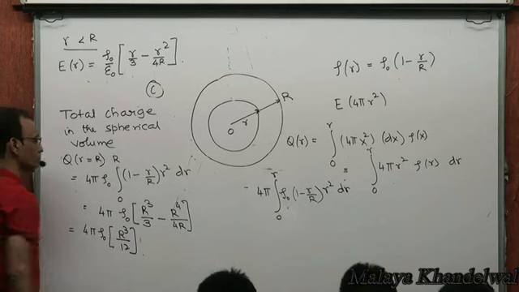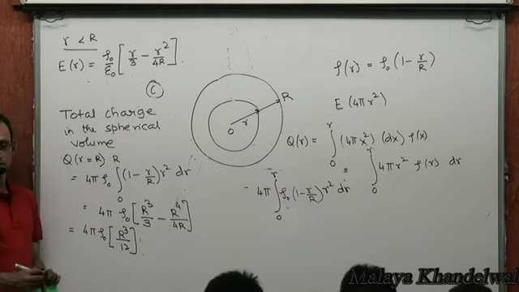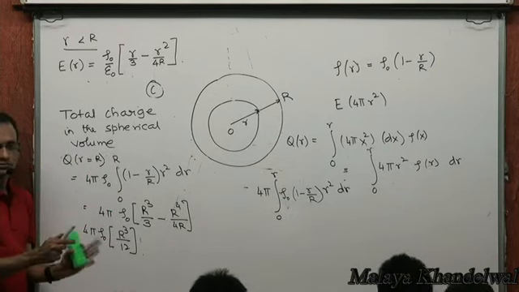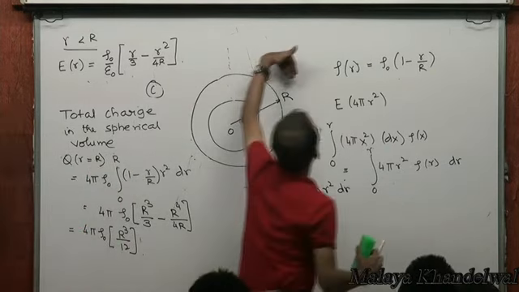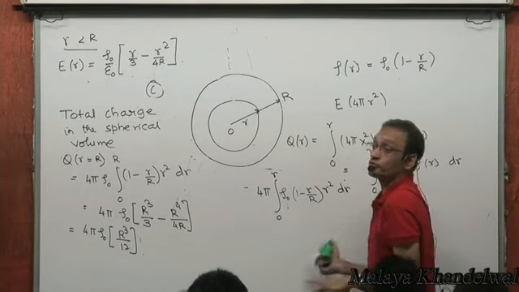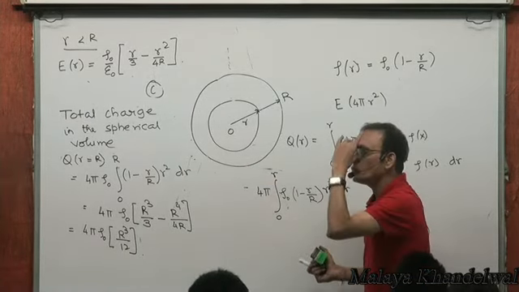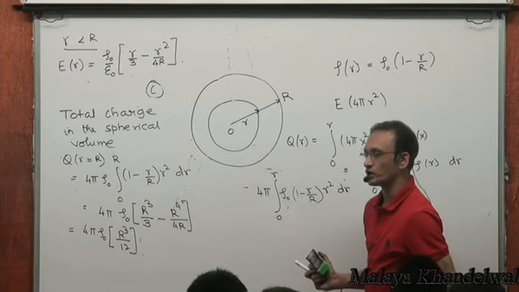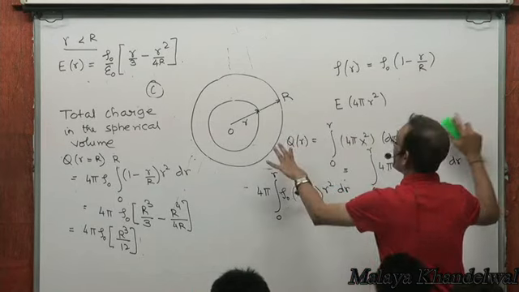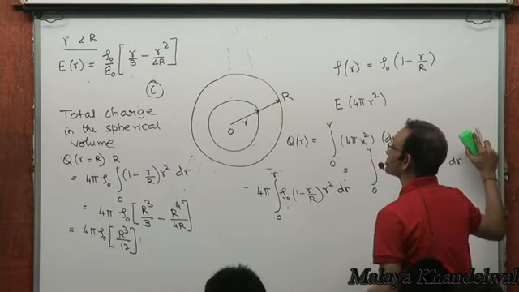Yes or no? I hope you realize this. R cube by 12. That's the total charge enclosed, right? For all points outside this spherical distribution, I can imagine this charge to be concentrated at the center, even though it's not a uniform volume distribution of charge. I'll just show you why I could still imagine this charge to be concentrated at the center.